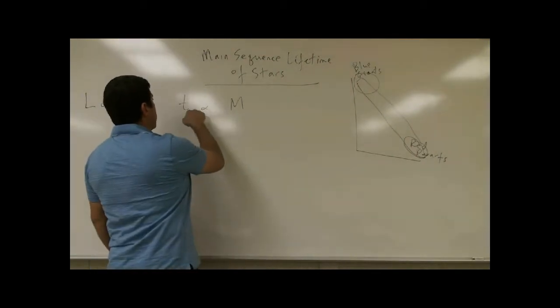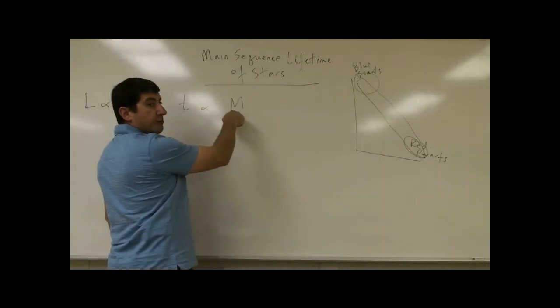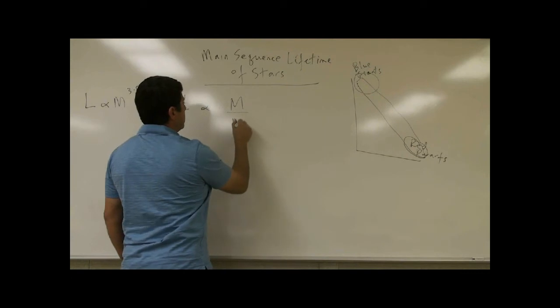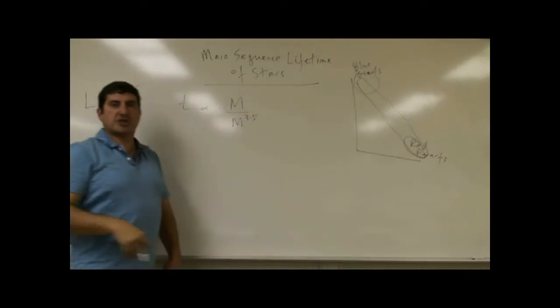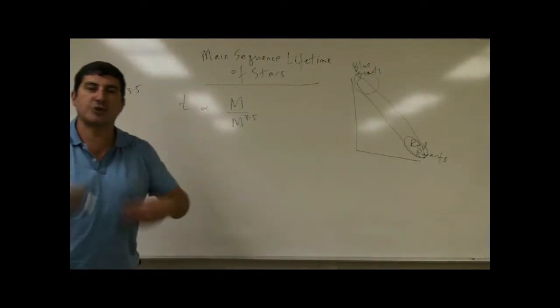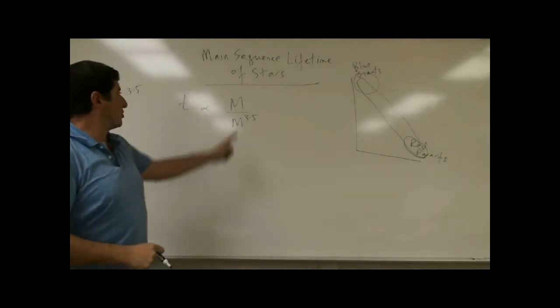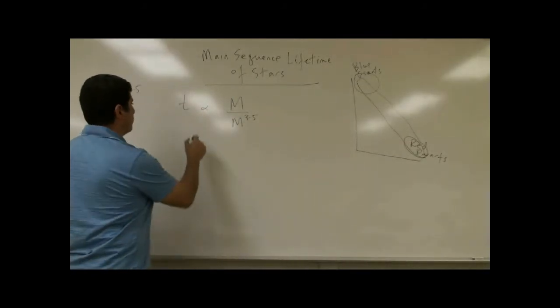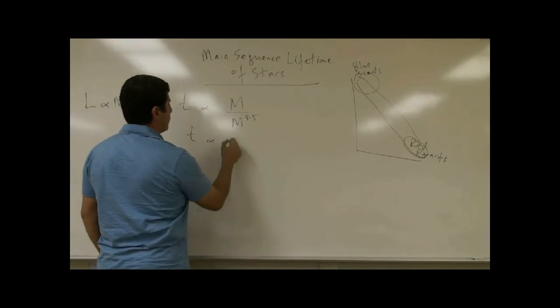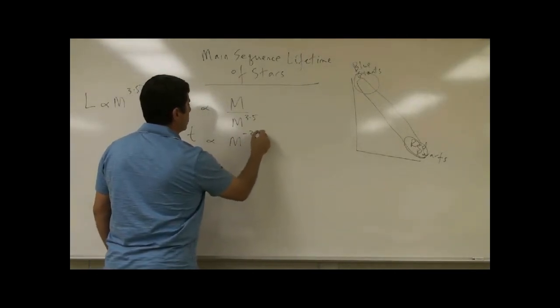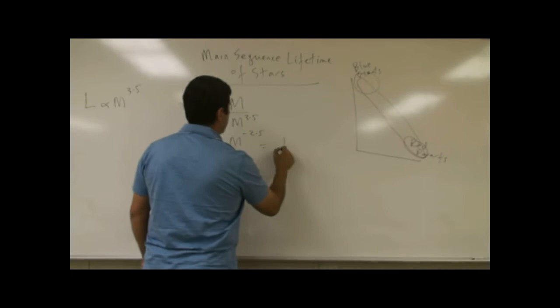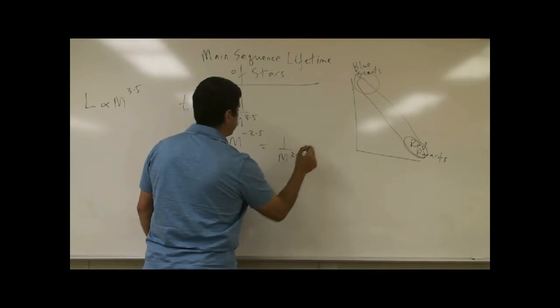So the lifetime of a star is proportional to how much mass it has divided by the rate at which the star is burning and using that mass up. So it's M over M to the 3.5. Well, the lifetime of a star therefore is what? M to the negative 2.5, or we can say 1 over M to the 2.5.